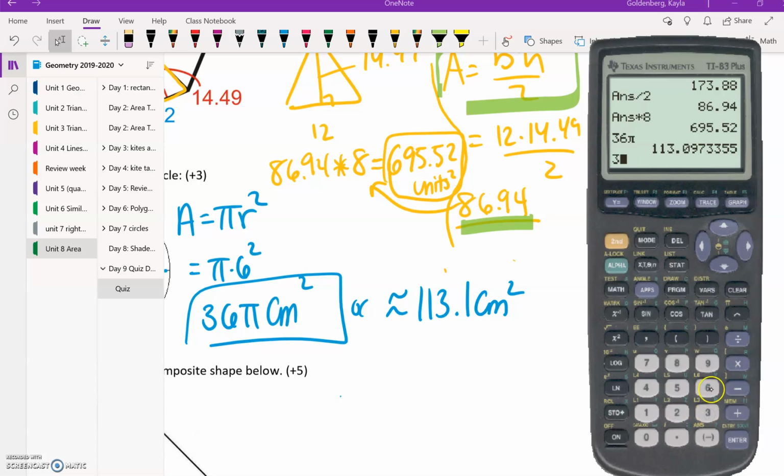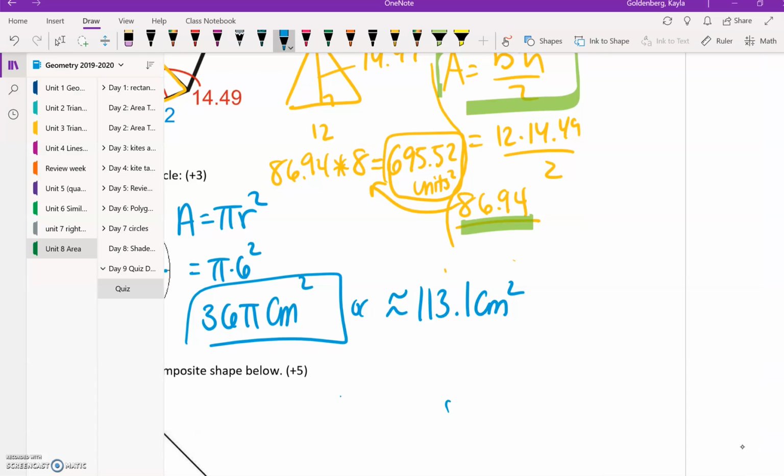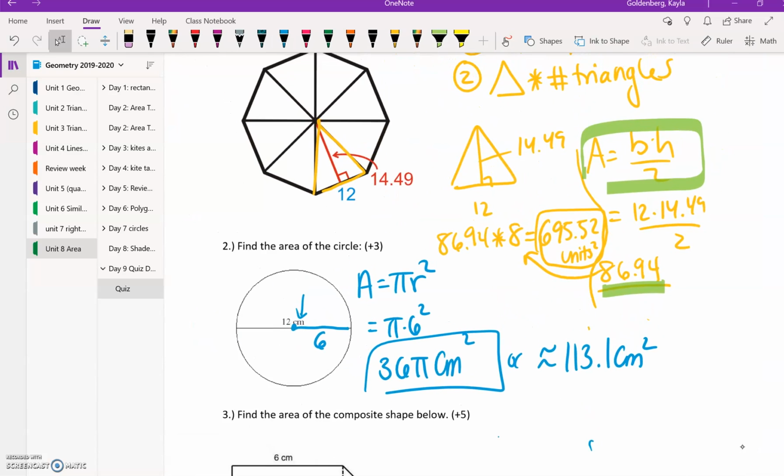If you were to not use the pi button and use about 3.14, which is totally fine, I just want to point out that you will be off by a little bit, but that's okay. If, in your calculations, you show me that you just did it times 3.14, then you would be all good. But it does make a difference using the button versus writing 3.14.